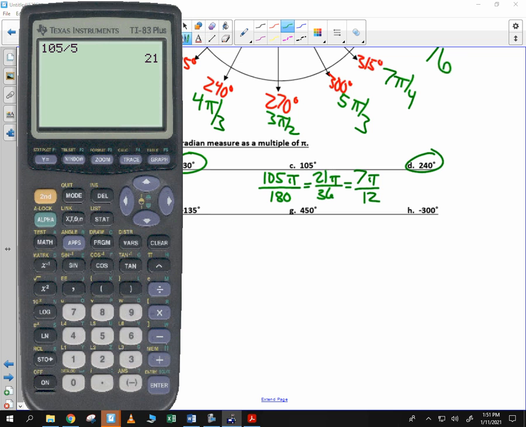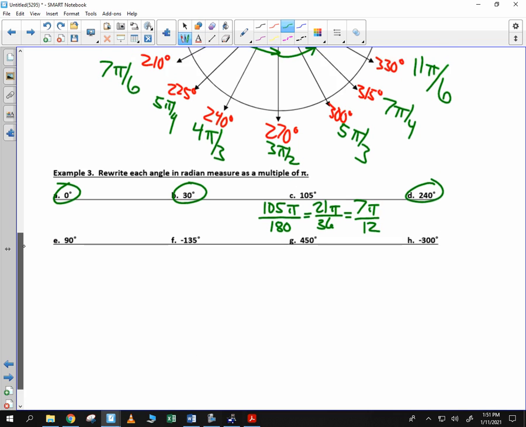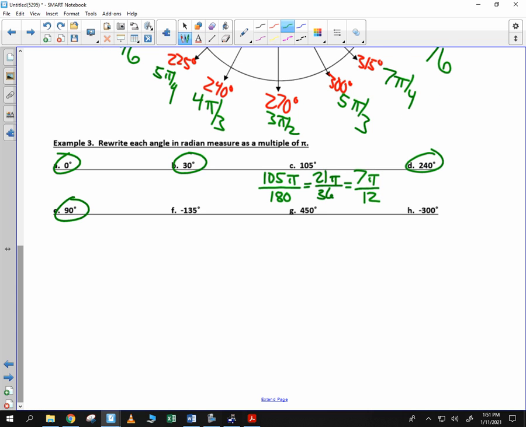We already did 240. That was 4 pi over 3. We already did 90. You can also have negative angles like negative 135. That would be negative 3 pi over 4. Let's try something like 450. 450 pi over 180. If I could cross off the zeros, I like to cross off the zeros. 45 and 18 are divisible by 3.